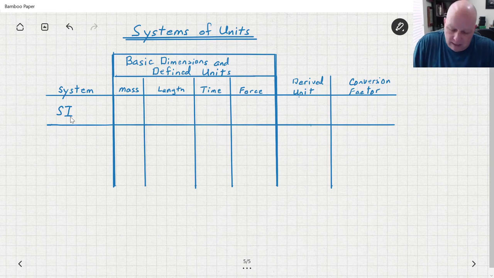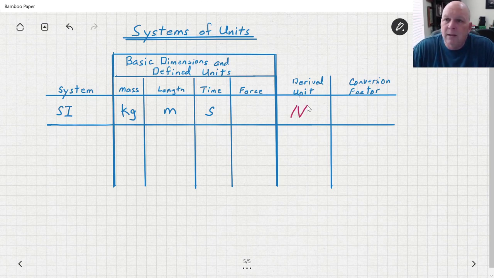In SI, we take kilogram to be the unit used for mass. Meter is used for length, and seconds are used for time. And then we have a derived unit. I'll write it in red. In SI, the derived unit is a Newton. And this simply comes from Newton's second law, F equals ma.